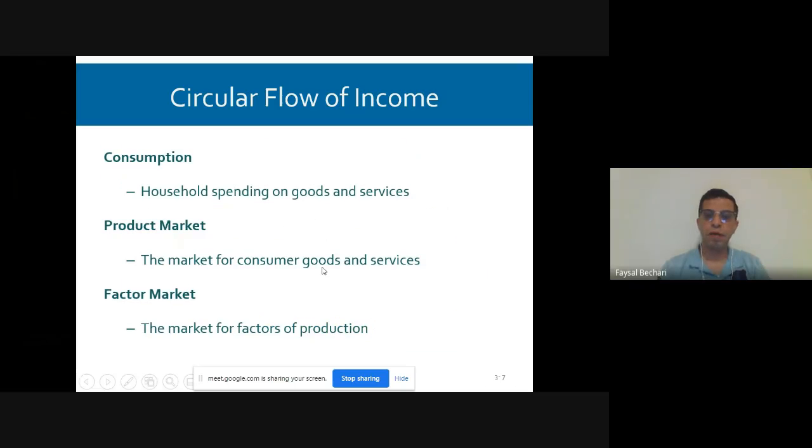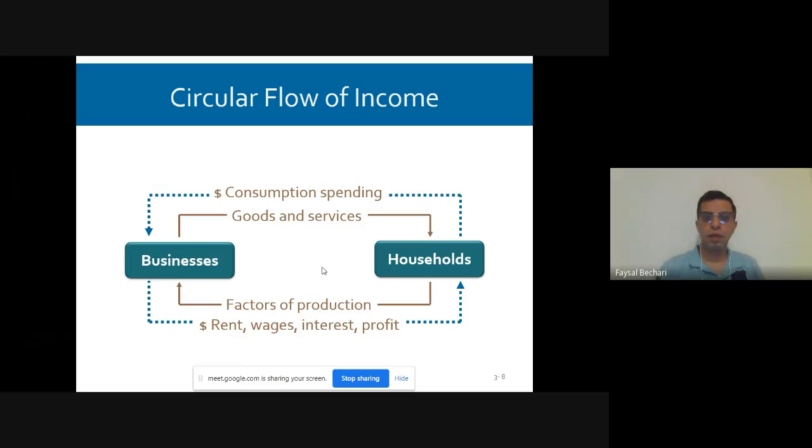Now, consumption is household spending on goods and services. The product market is the market for consumer goods and services, and the factor market is the market for the factors of production, causing the production. Now, the circular flow of income, as we said, is basically this part is the product market.